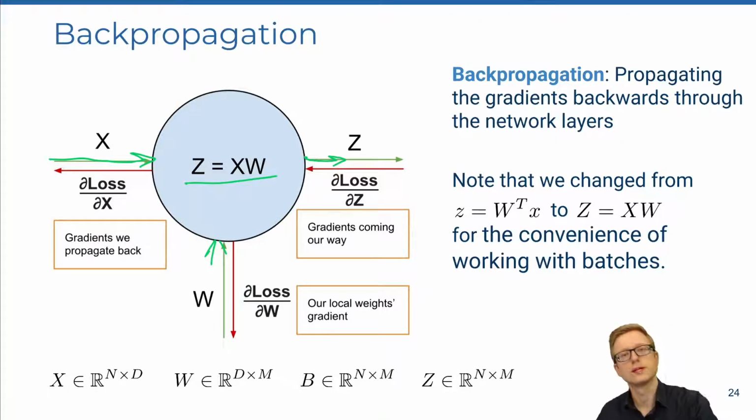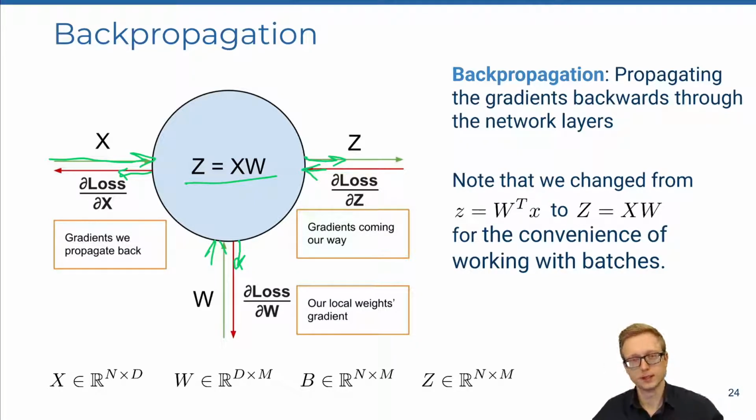And then during the backwards pass, it takes the partial derivative of the loss with respect to z. So we just assume that it comes from somewhere, that it's calculated by the upper layers. We take this as input into this node, and then based on that, we can calculate the partial derivative of the loss with respect to x and the partial derivative of the loss with respect to w. And this is all there is to backpropagation.